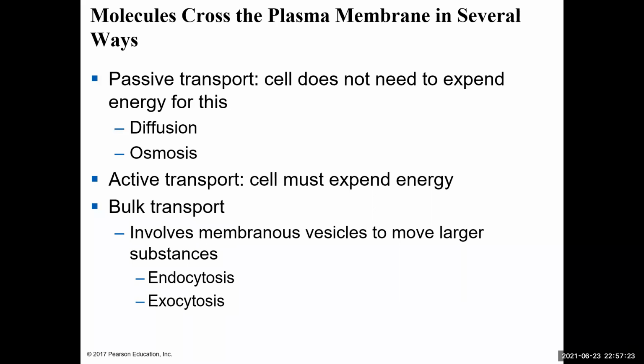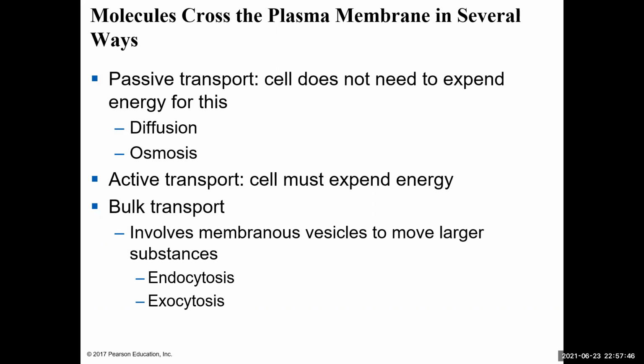So no energy is needed. We're not using resources to move these substances across the membrane. And the typical processes that are governing passive transport are diffusion and osmosis, and we'll define what those two processes are here in a second.